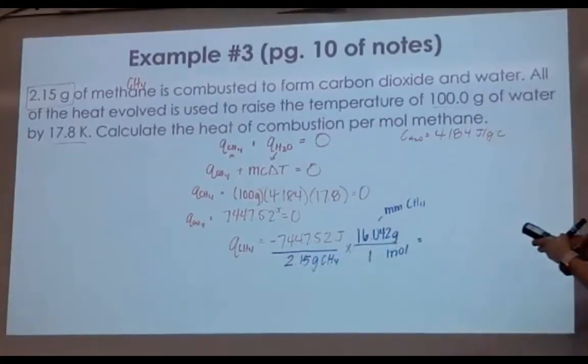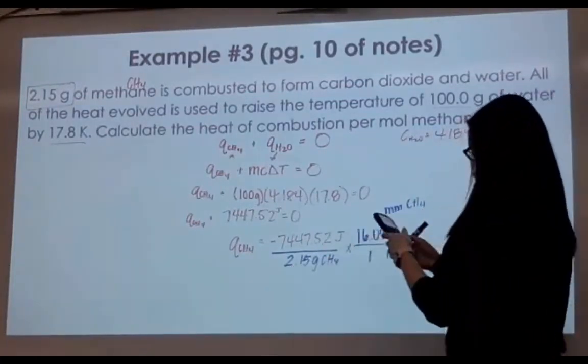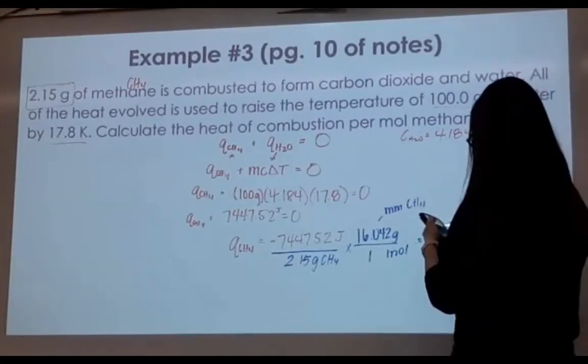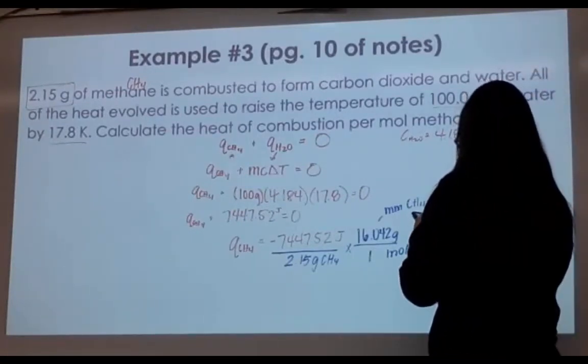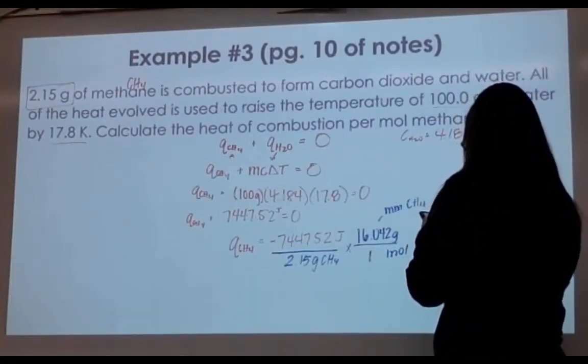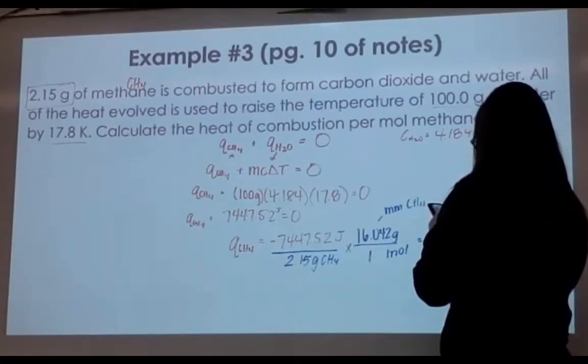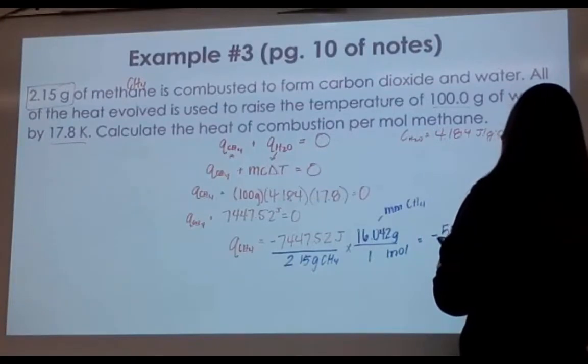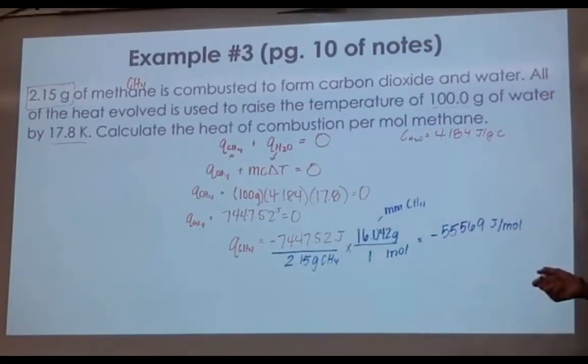So times negative 7,447.52 divided by 2.15. Ooh, that is a large number. Negative 55,569 joules per mole.